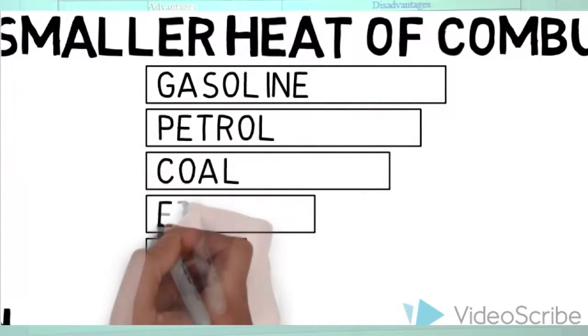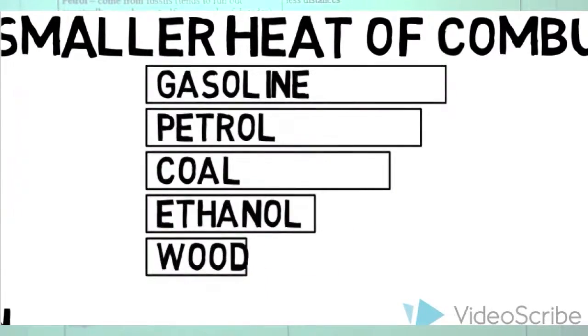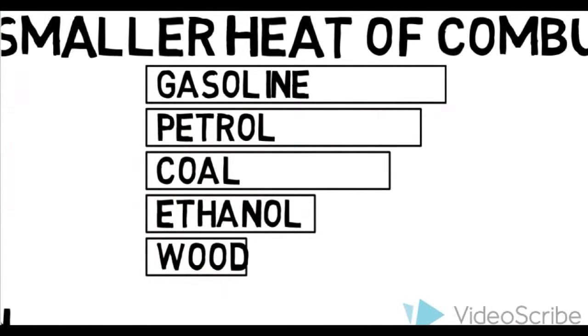It produces less energy. If we compare the enthalpy of combustion of different substances such as gasoline, petrol, coal, ethanol, and wood, ethanol has a lower enthalpy of combustion than our usual fuels such as gasoline, petrol, and coal.